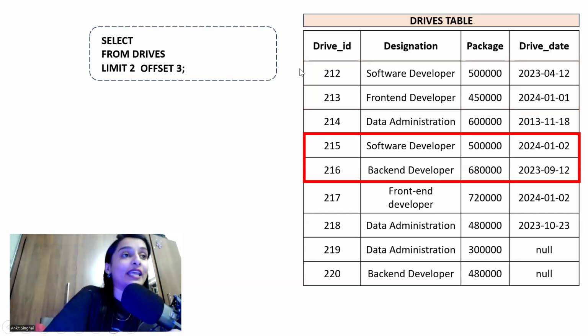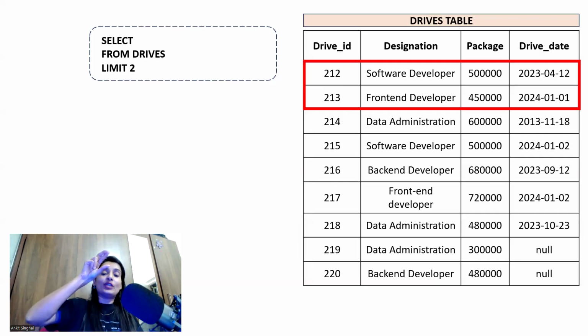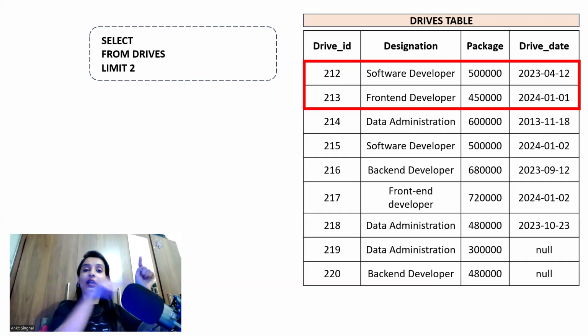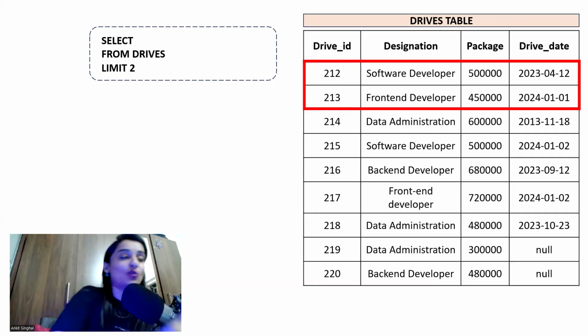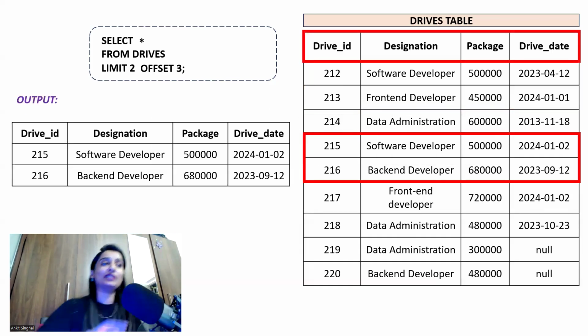So here they are telling you to skip the first 3 records and then limit to 2 records. If you don't use offset, it will target the first 2 records. If you say offset 3, first it will skip 3 records and then limit to 2 records. Now if you execute the query, your output will be this.